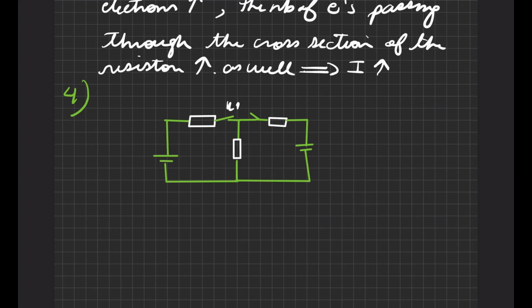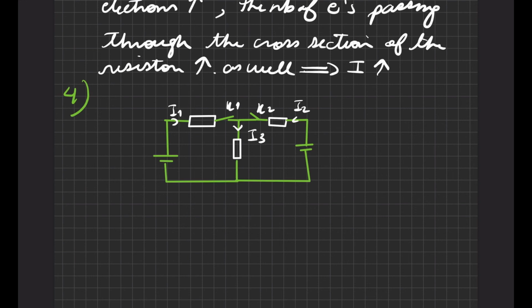We call these K1 and K2. K1 and K2 are the two switches. We have I1 and I2, and I passing through this load here. So the first question is, what is the relation between I1, I2 and I3?